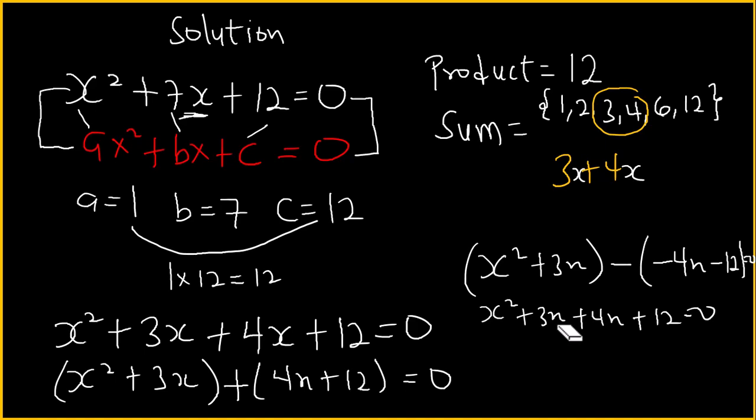But if you don't want any problem with your equation, just group them into two by placing them into these two brackets, and initiate the positive sign in between. Now let's move on.